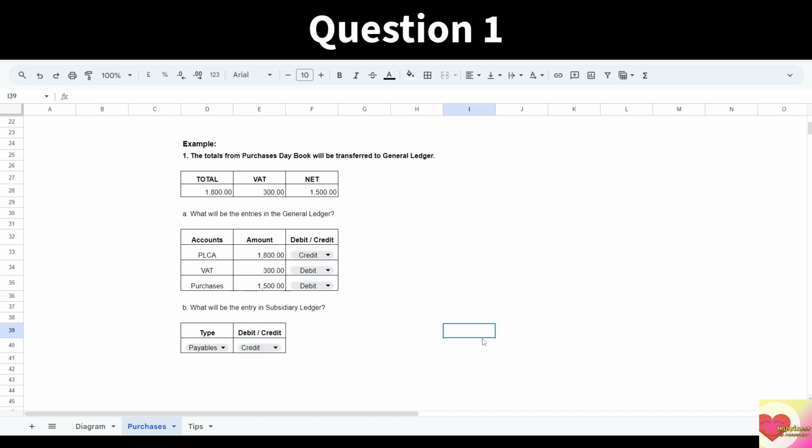credit. So again, my personal advice in answering this type of questions is to read the question several times, find out what is being asked for, and always check what are the details given. Like in this example, it's purchases daybook. Also, in answering the entries to the general ledger, I've said this before, do not jump to conclusion.